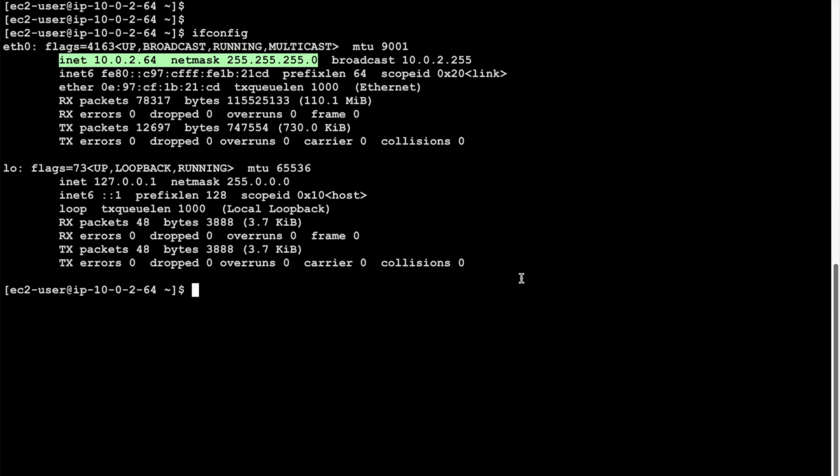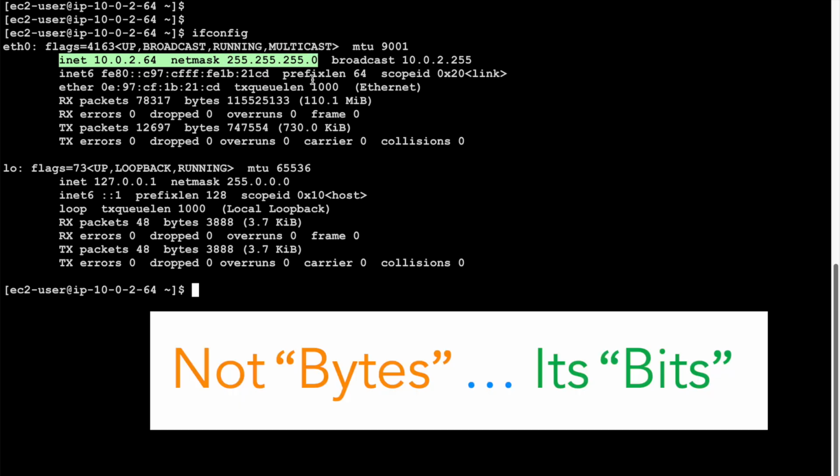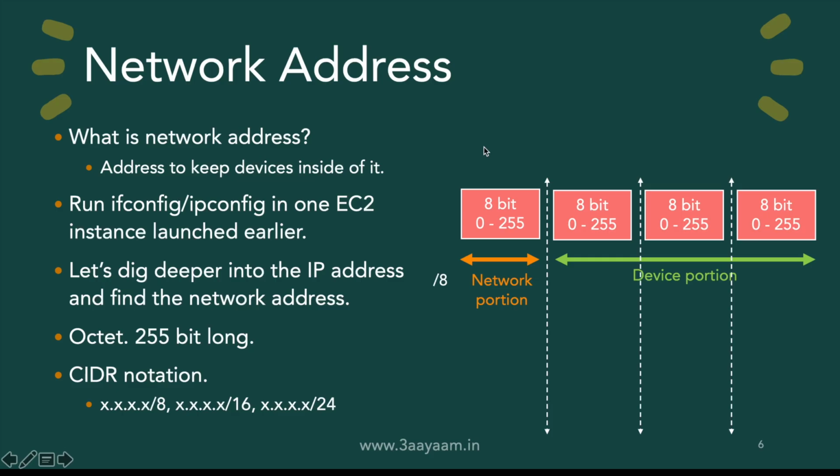In our case, the network address is 10.0.2.0/24. Why 24? Because the netmask says that the initial 24 bits belong to the network. That's why it is 10.0.2.0/24, and in /24 you cannot have more than 255 devices.